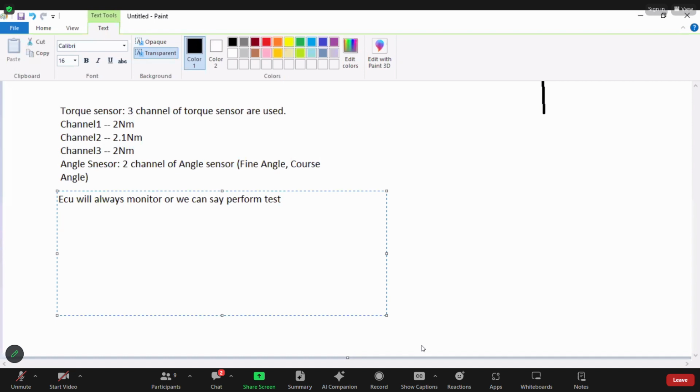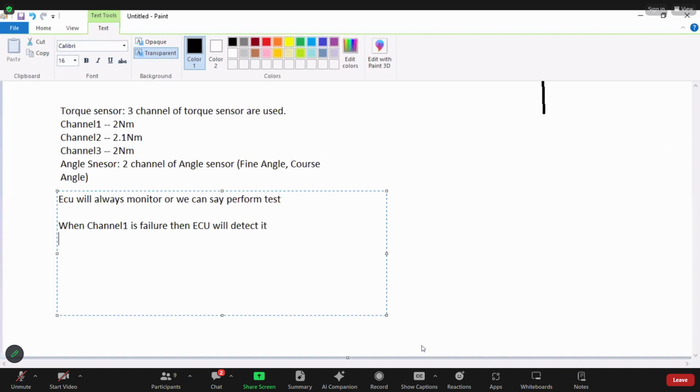And when channel 1 is a failure, then the ECU will detect it. So after detection, what will it do? It has to store that information.